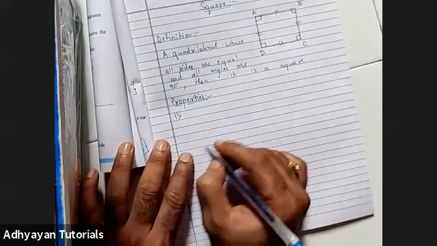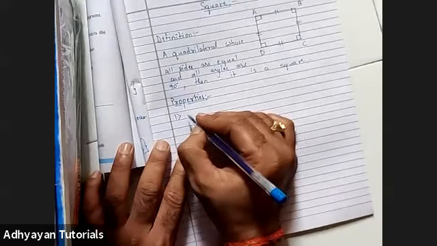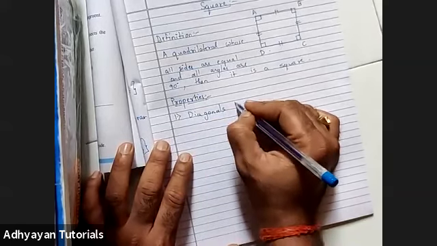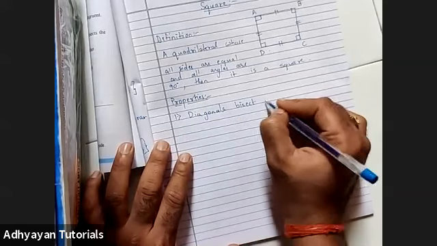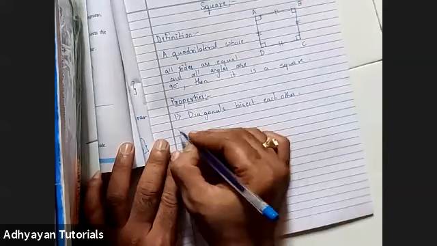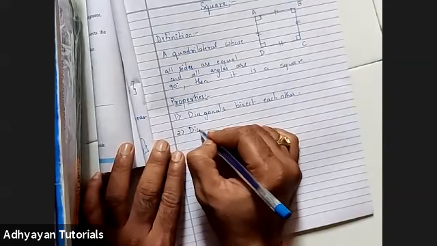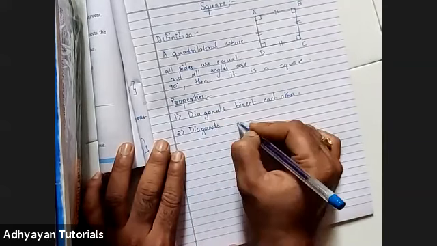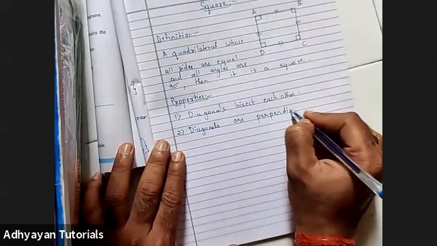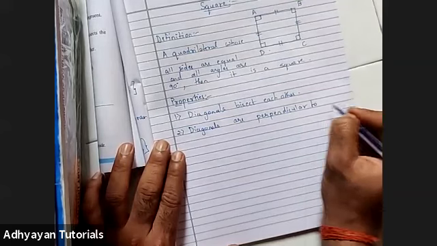Properties में first point. Okay. Diagonals bisect each other. So they will be bisecting each other. The next property, diagonals are perpendicular to each other.